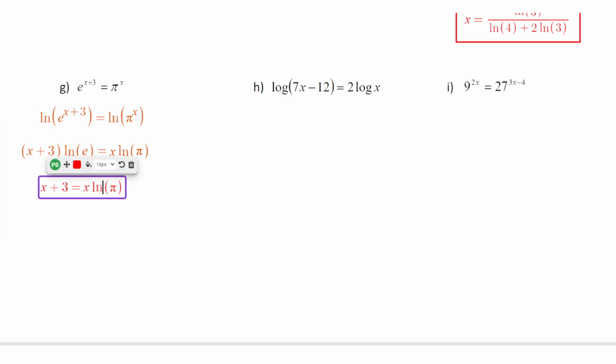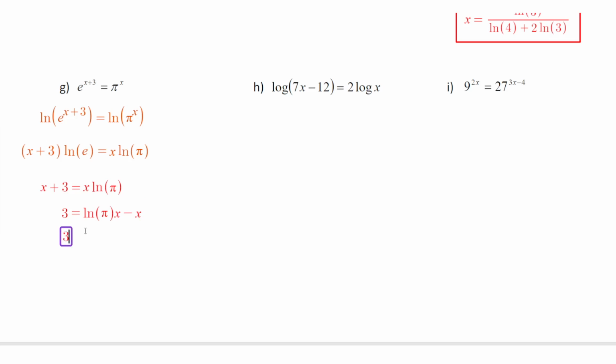So now I'm going to move my x's to the same side. So I'll just subtract x on both sides, and I'll get 3 equals the natural log of pi times x, just using the commutative property to rearrange those terms. And then I have minus x. Now I can factor out the x on both of those terms as a GCF.